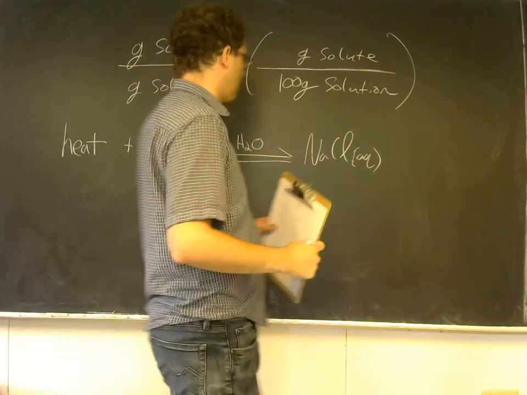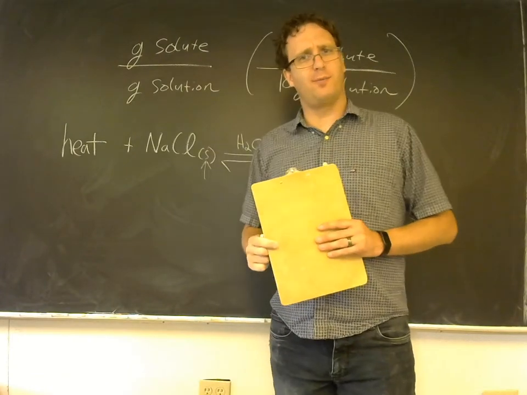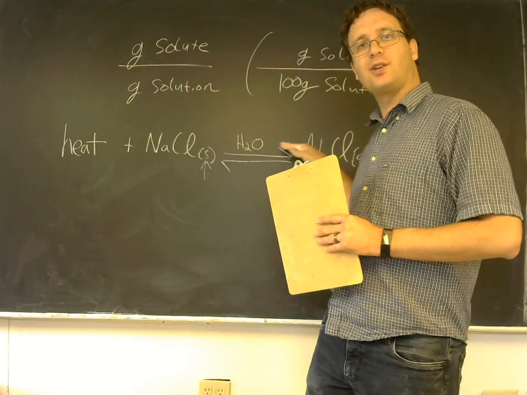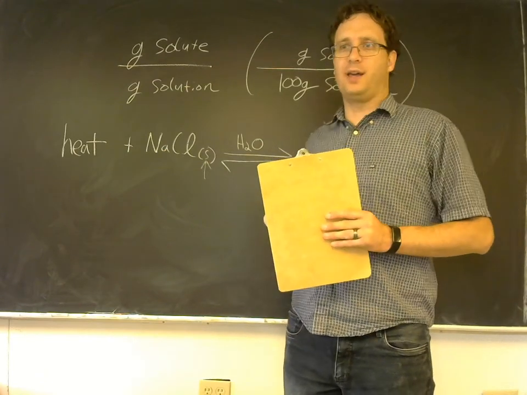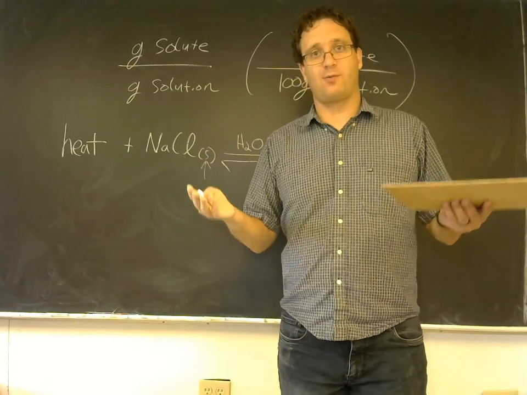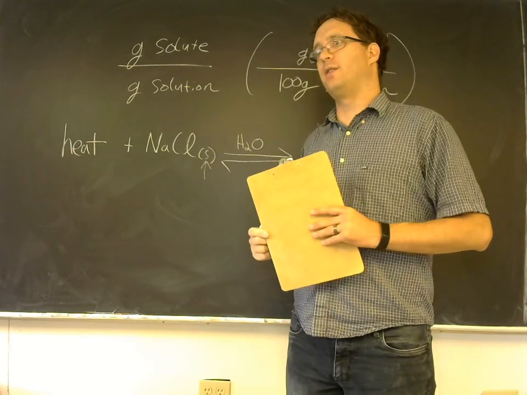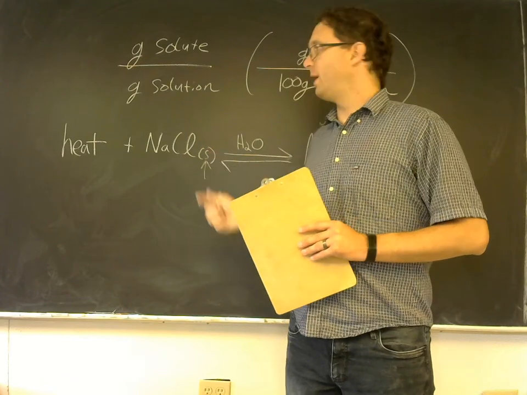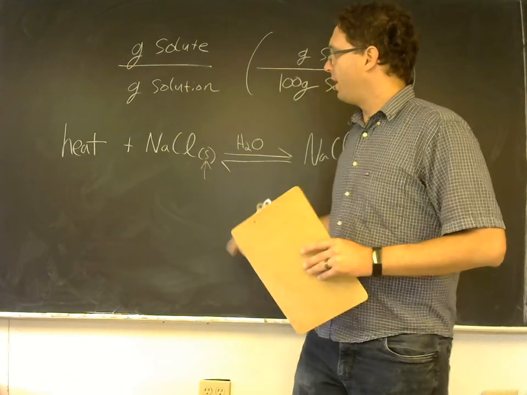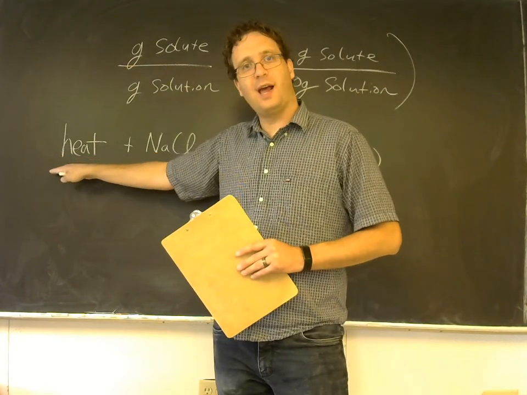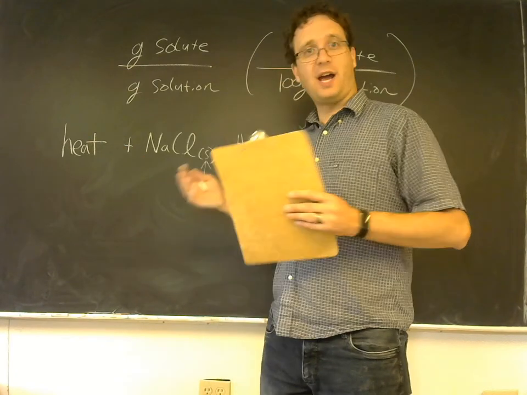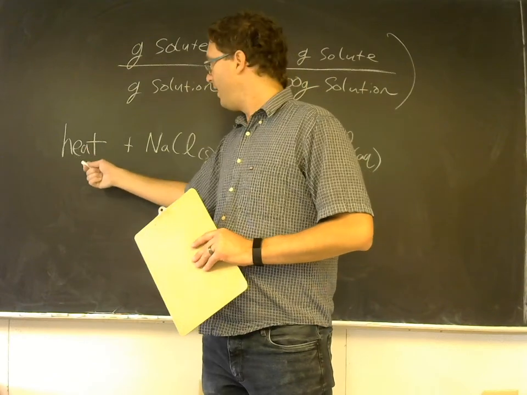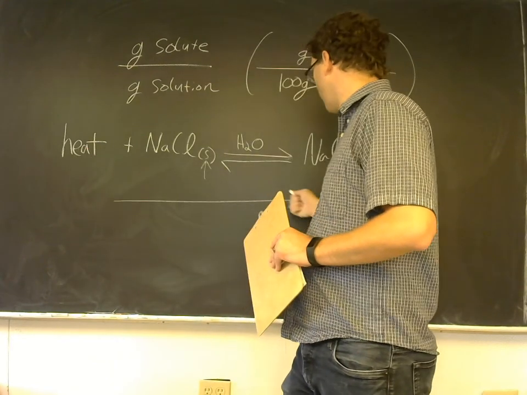So for sodium chloride, for sugar, and for many other solutes, the solvation process is actually endothermic. It's only slightly endothermic. If it were too endothermic, then the compound would be insoluble altogether. But if it's just slightly endothermic, then we can write heat here as if it is a reactant. And Le Chatelier's principle tells us that if we increase the temperature, then that will drive toward products.